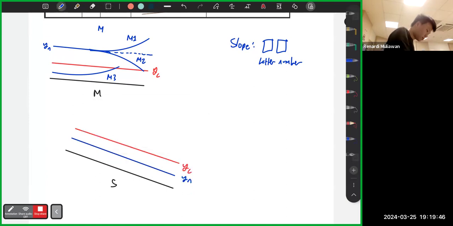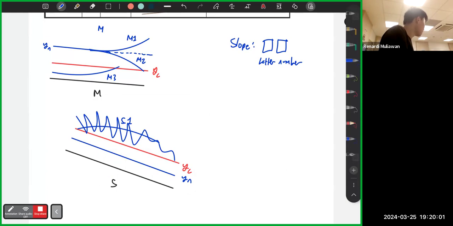Similarly, if the curve happens here, this one is S again, from the slope, and 1. S1, because it happens on top. It doesn't matter whether YN is above or YC is below. As long as it's the one above, it's always 1. That's how we label the curves. It doesn't matter where YN is, where YC is. Top one means 1.